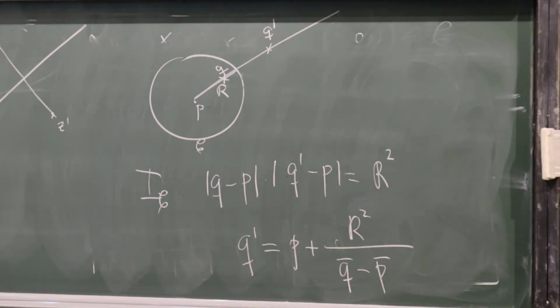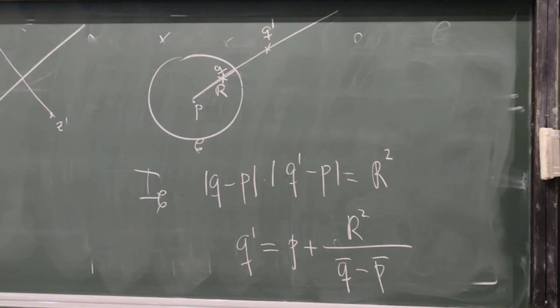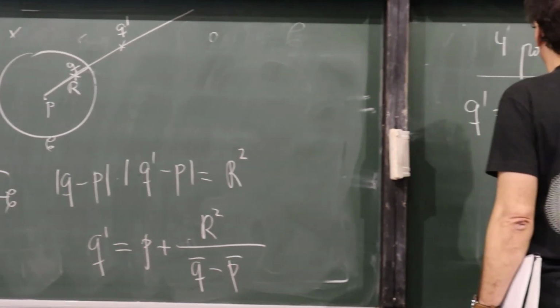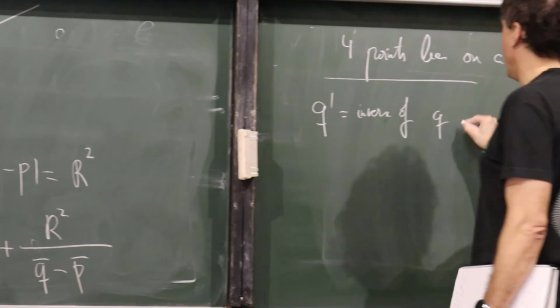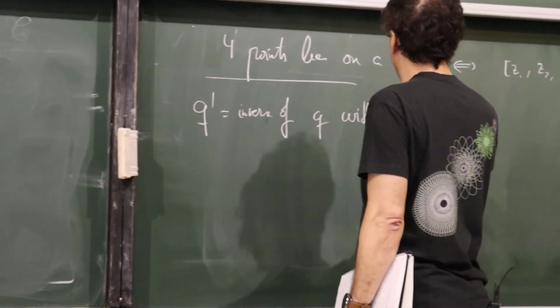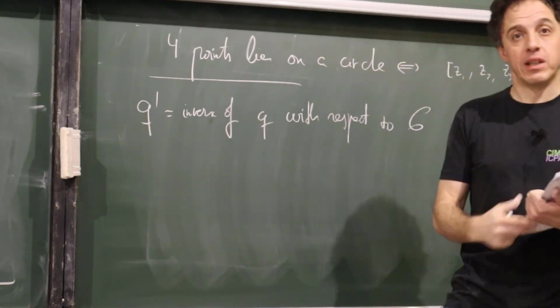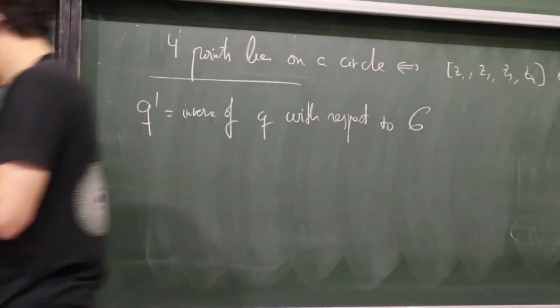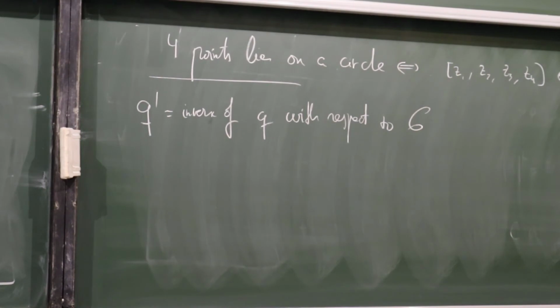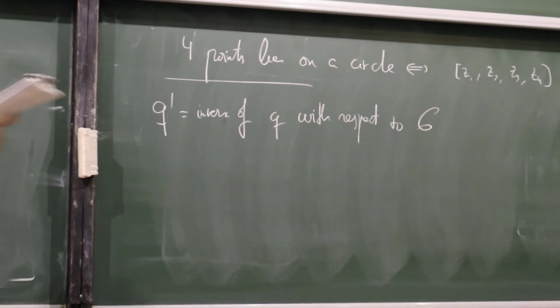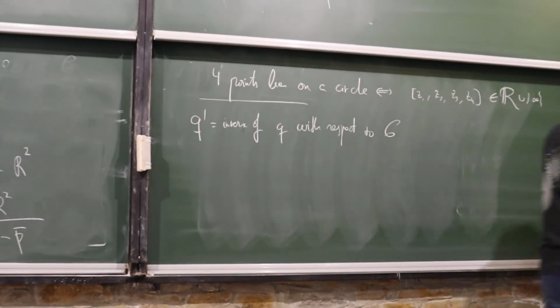Q prime is called the inverse of Q with respect to the circle C. Okay? And this is going to be the equivalent of the symmetry.